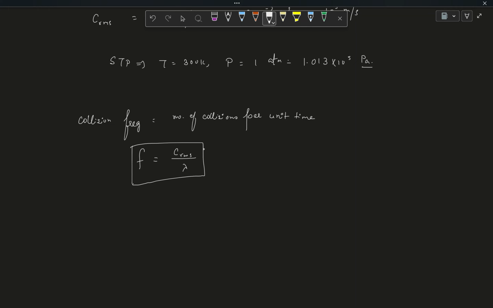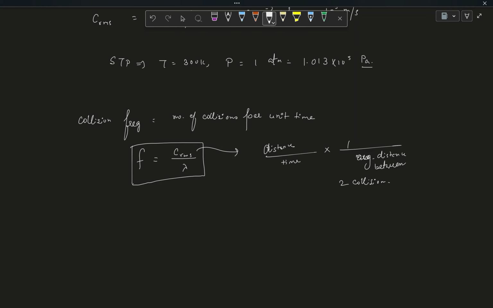How? Think of the RMS velocity as the distance traveled by the molecule per time. This is the velocity definition. And lambda is the mean free path, which is the average distance between two collisions.